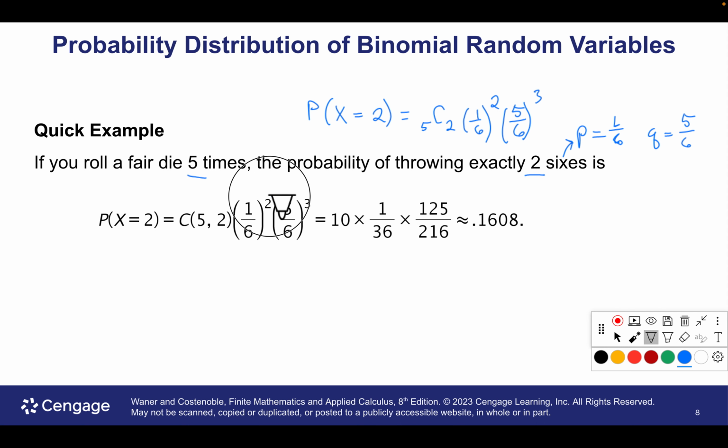So yeah, if there's 2, because there's 5 trials, we could think of this 3 as being 5 minus 2. Yeah, thank you. So it's always going to be that complement. So that's important to know how many trials there were. If there were 6 trials, then it would have been 4, right? So it's always that complement. Good question.